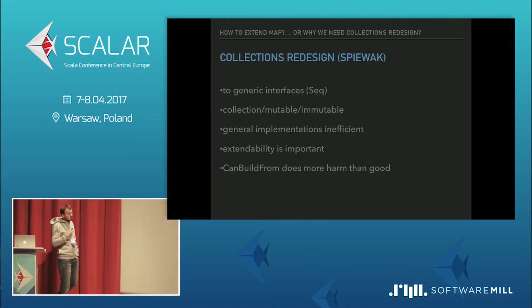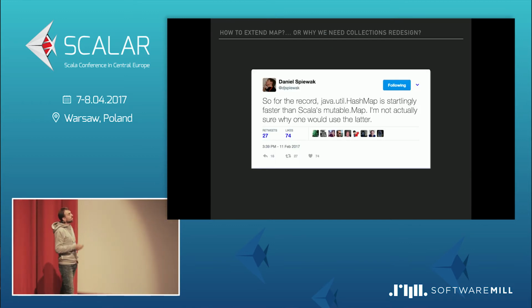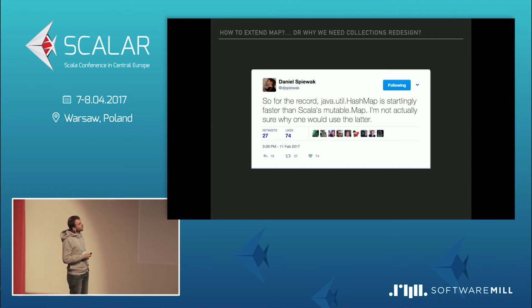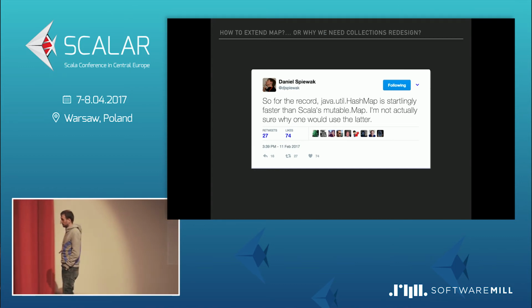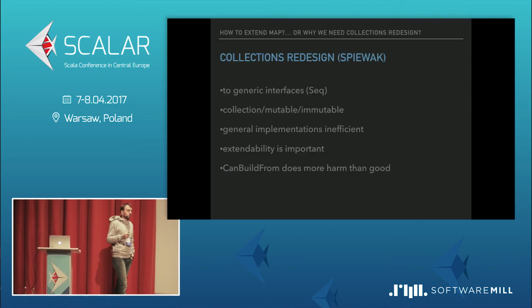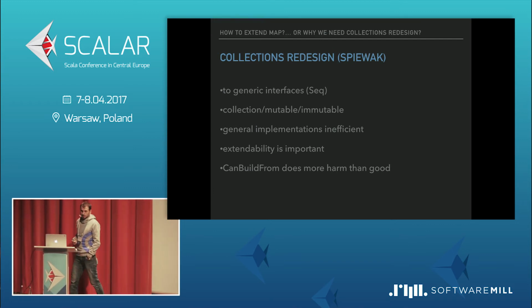Okay, I mentioned a tweet from Daniel Spiewak, and there is also a proposal that he prepared, and he goes a bit deeper and is more precise about what is wrong with current collections.